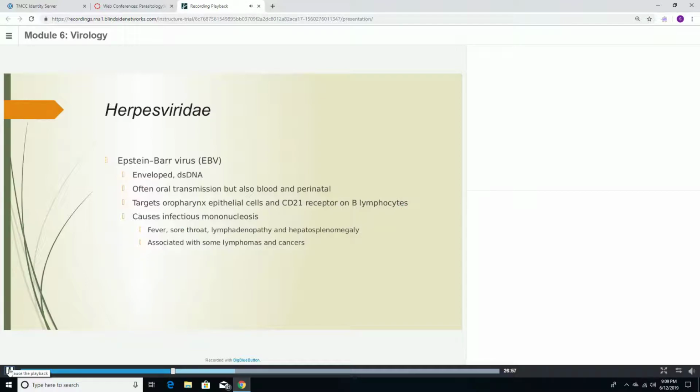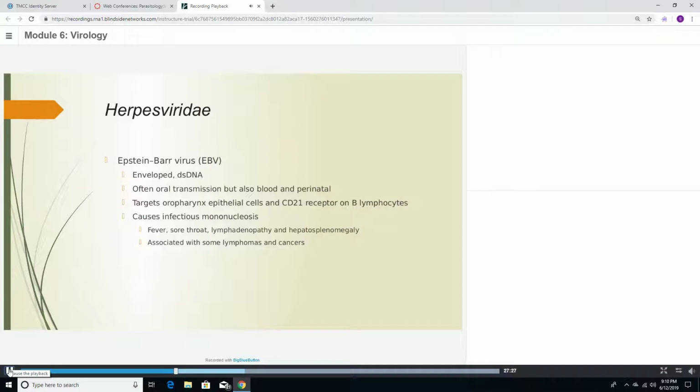The next virus we're going to discuss in the Herpesviridae family is the Epstein-Barr virus. This is an enveloped double-stranded DNA virus. It's often transmitted through oral transmission, but also in blood and perinatal infections, so it could be spread from mother to child. It targets the oropharynx, epithelial cells, and the CD21 receptor on B lymphocytes.